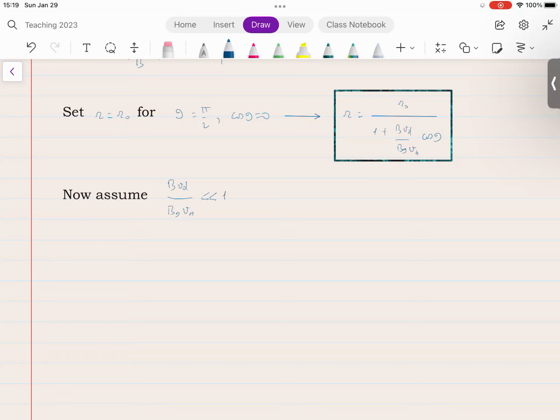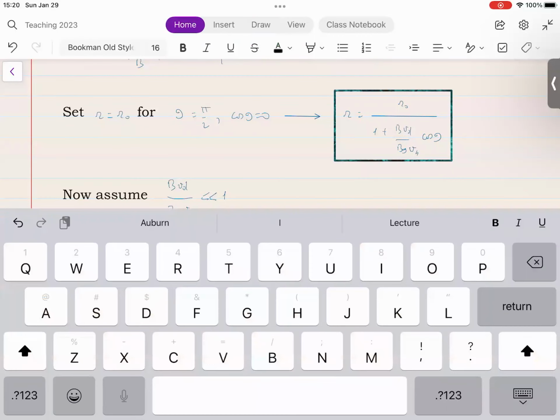Now, this is going to work if V drift is much less than V parallel. We'll see in general in tokamaks, but also in stellarators and fusion devices, B theta is going to be small with respect to B. So we really need the drift velocity to be small. But we've already mentioned this.